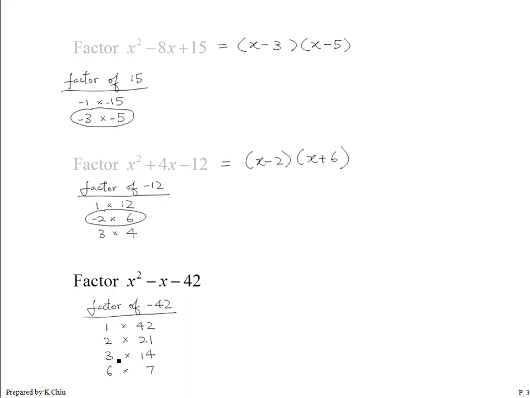So 6 and 7 would be the right pair. And I need to give the negative to which one so that the sum would be equal to negative 1? 7. So I'm going to give the negative to 7. So now I can read the answer. That would become x plus 6 times x minus 7.